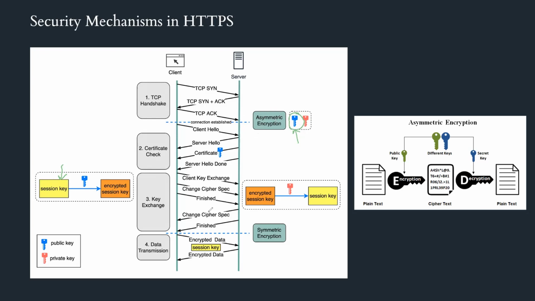The data will be transmitted using the session key, and the session key is basically something generated by the client. So that device-level client information is not available to an intermediate user who is trying to hack this data.